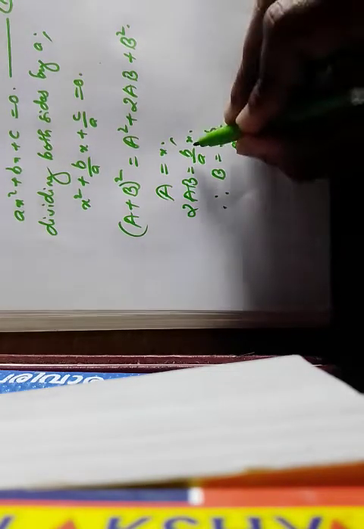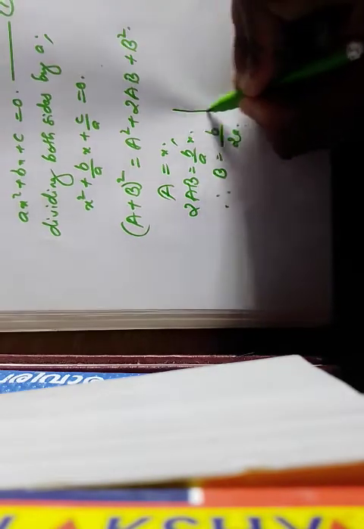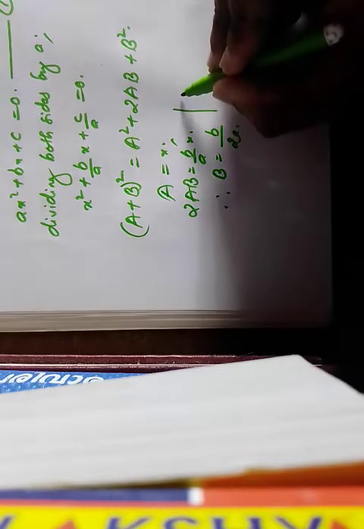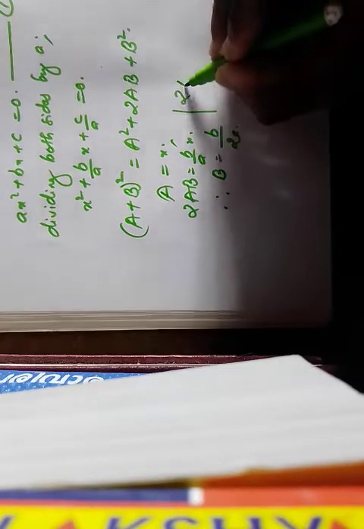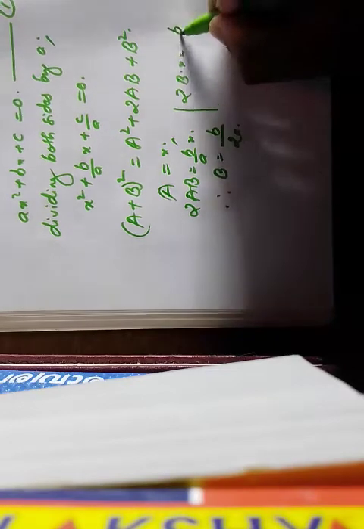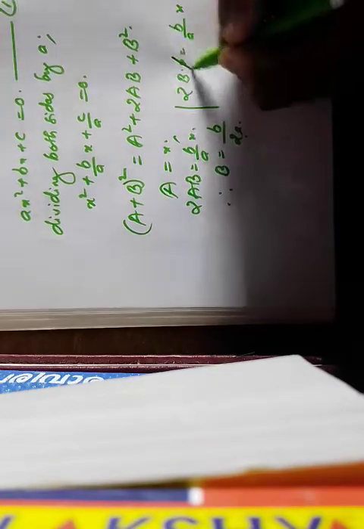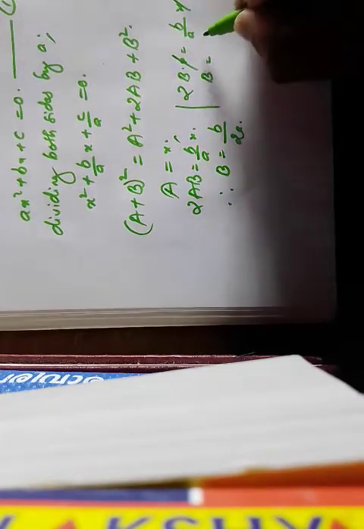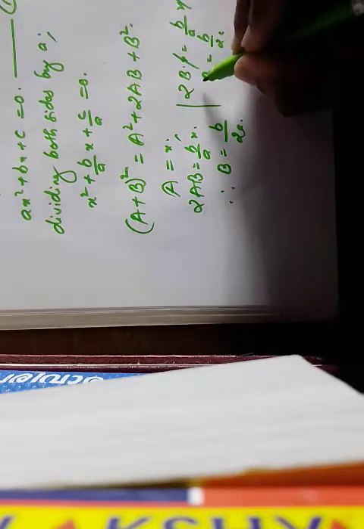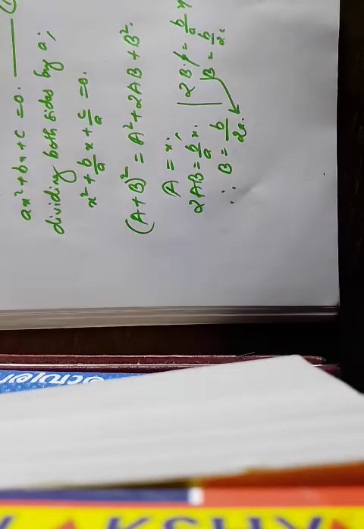Here guys, finding it is very simple. 2b into x is equal to b by a into x. X and x cancel out, b is equal to b by 2a. Then we can write a is equal to x, b is equal to b divided by 2 into a.